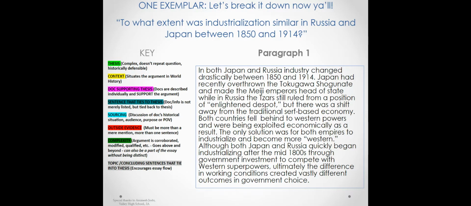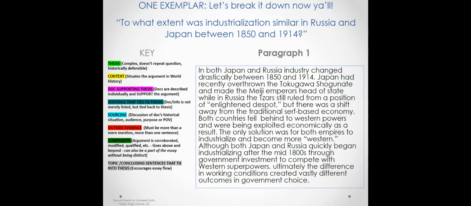So in both Japan and Russia, industry changed drastically between 1850 and 1914. Japan had recently overthrown the Tokugawa shogunate and made the Meiji emperors head of state, while in Russia, the Tsar still ruled from a position of enlightened despot. But there was a shift away from the traditional serf-based economy.